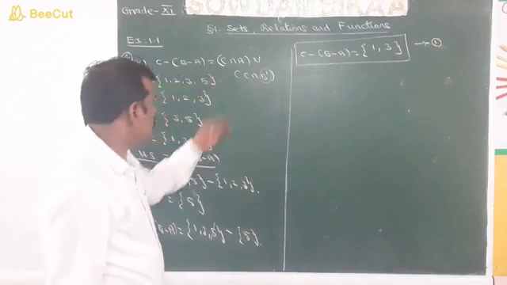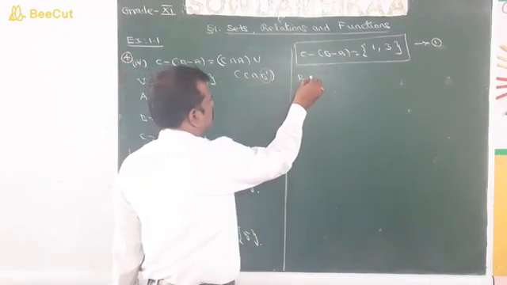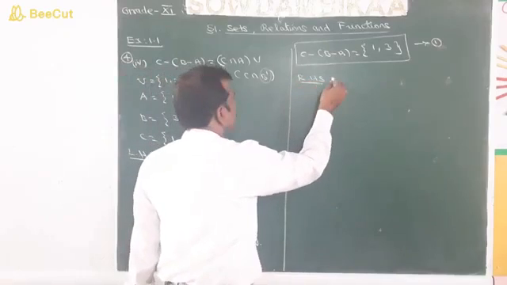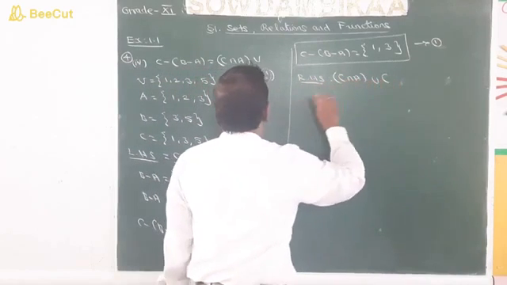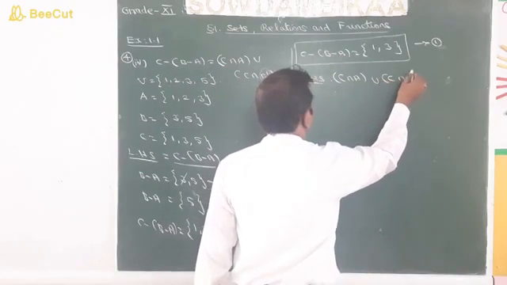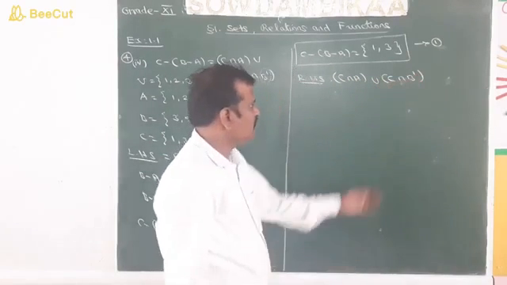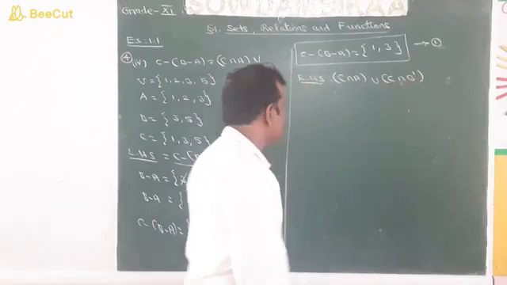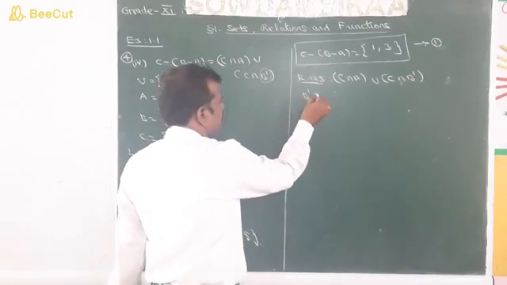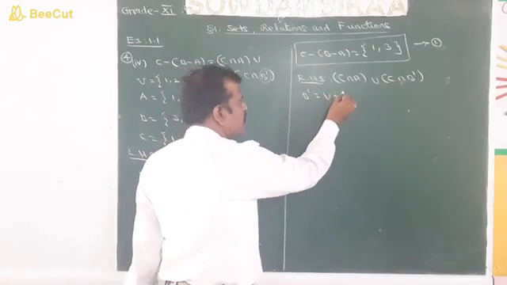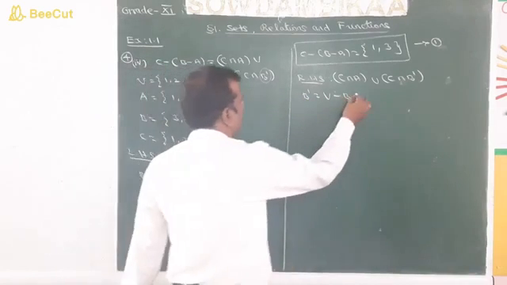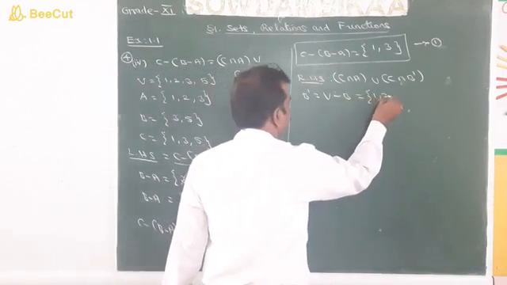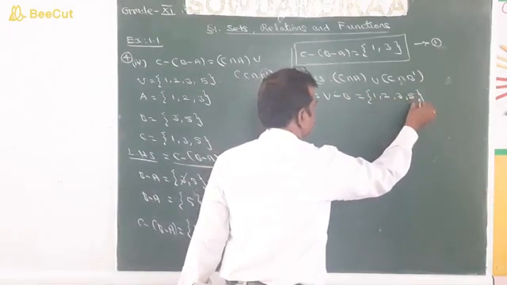Next we move on to RHS. What is RHS? C intersection A union C intersection B dash. So first we will find B dash. So what is B dash? B dash is nothing but set of all elements in U not in B. So what is U? 1, 2, 3, 5.